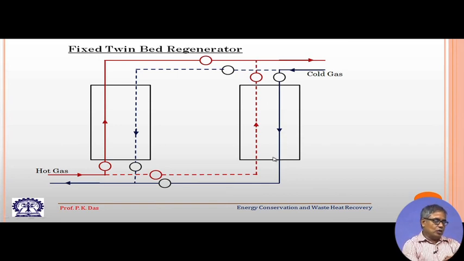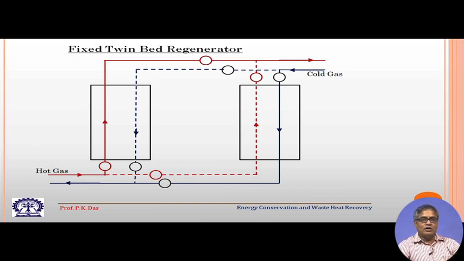So, this goes on by switching of these valves, directing the hot gas stream once through the first bed, next through the second bed, and directing the cold gas once through the second bed and next through the first bed. So, this continues and there could be more number of beds.